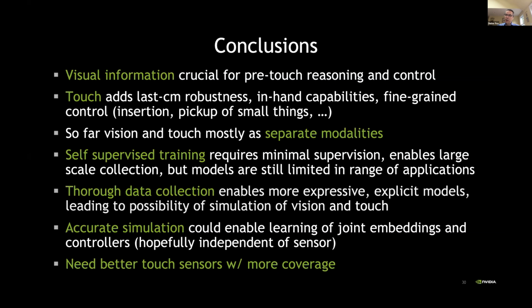And I hope that ultimately we can get to simulation models of contact, touch, and deformation that are so accurate that we can train both visual perception and touch feedback in simulation, and train policies that then work in the real world. I think this would be a very significant step forward. But there's still quite some work to be done to do this in a very general setting, such that it's also hopefully independent of the sensor itself and applies to different kinds of sensors.